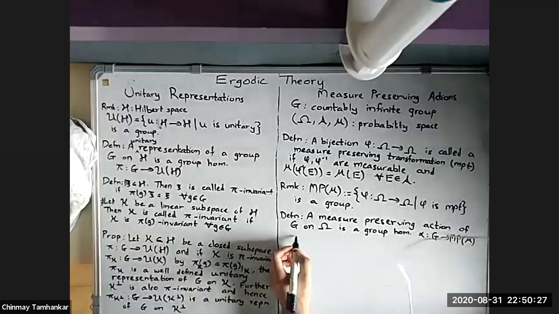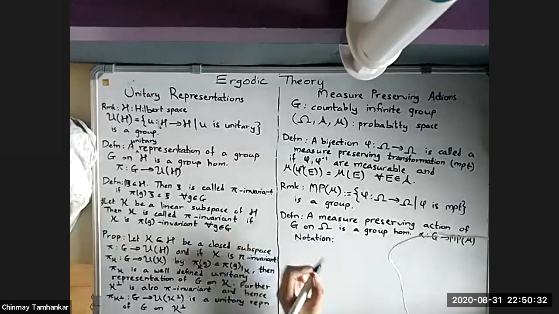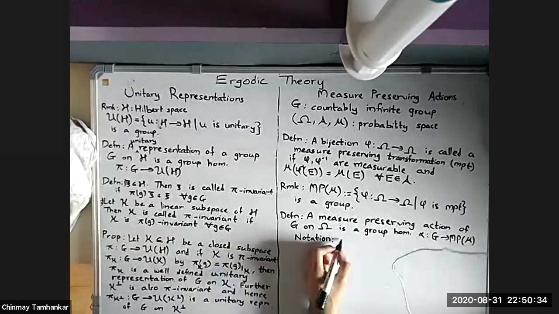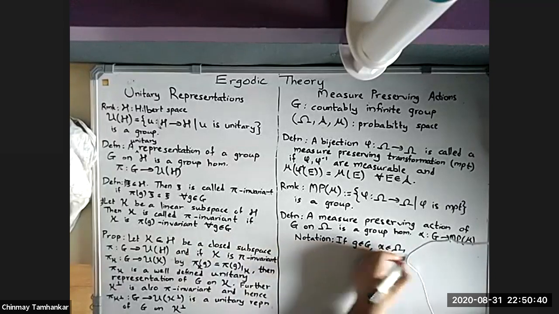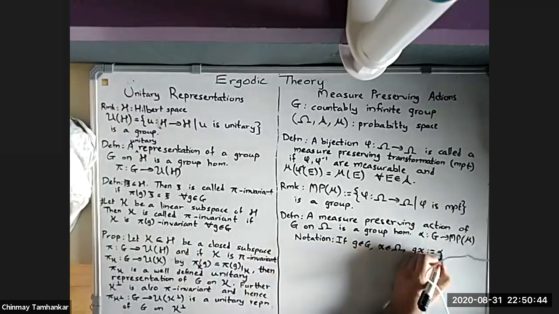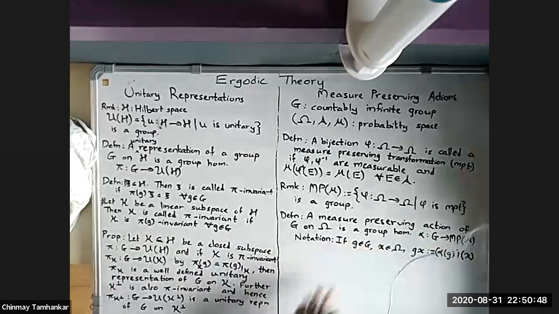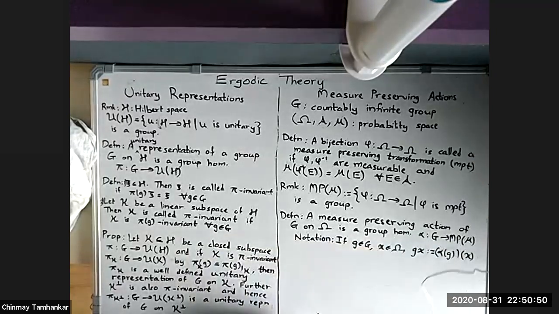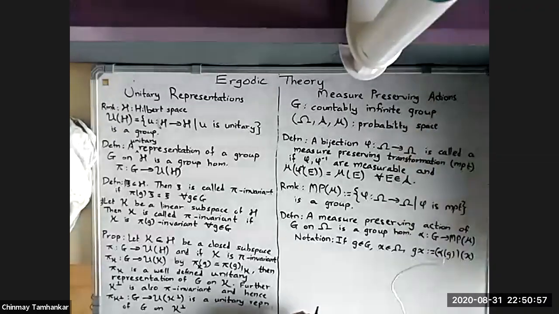I'll mention we'll use the usual notation for group actions. If g is in G and x is in omega, we'll use g x to refer to alpha of g of x. This is what we usually do for group actions, so we'll be using this notation.